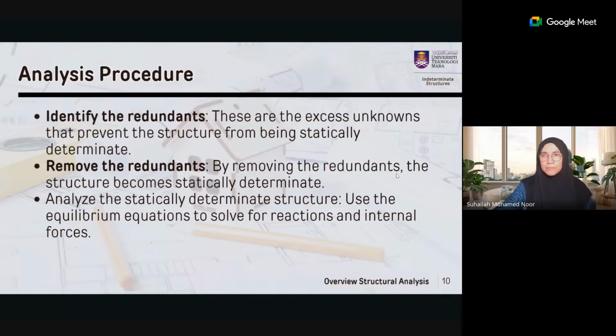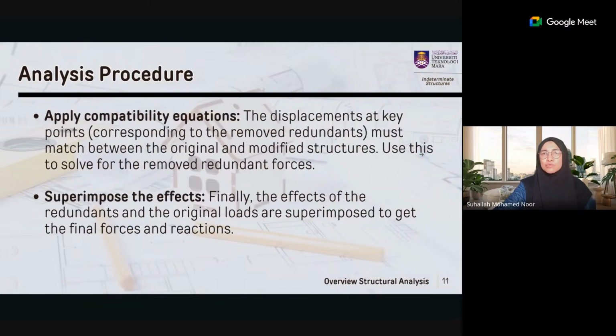So after we remove redundant, we have to refer to the displacement at the redundant position. Then we have to apply compatibility equation, because the redundant will be determined from compatibility equation.